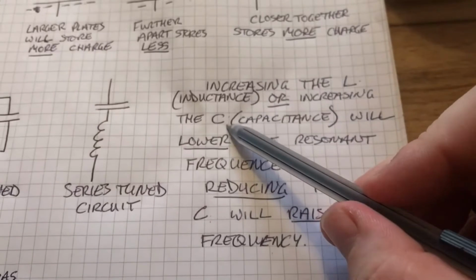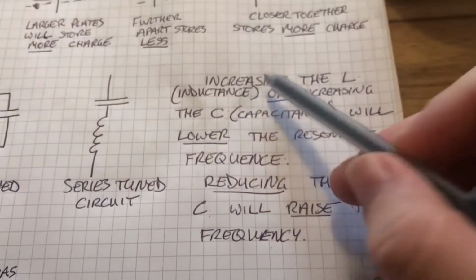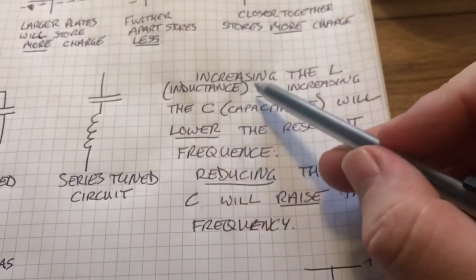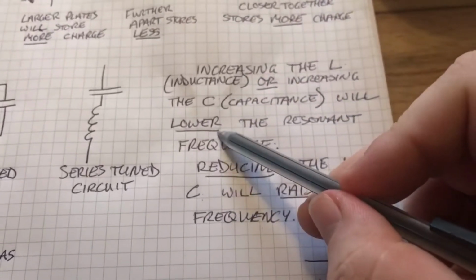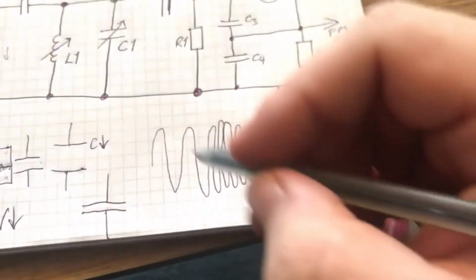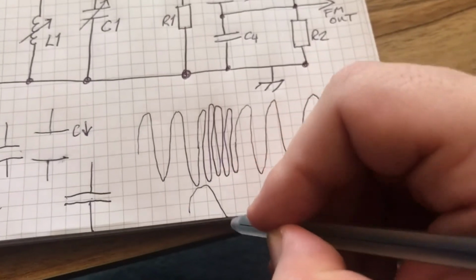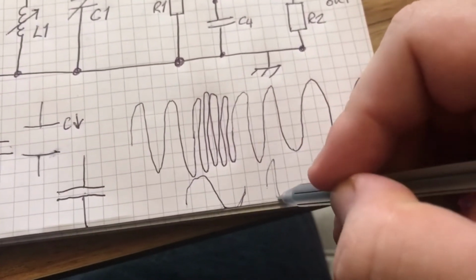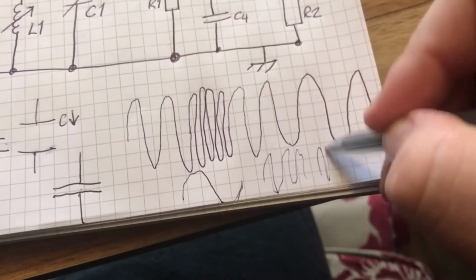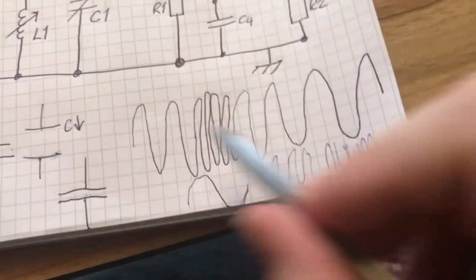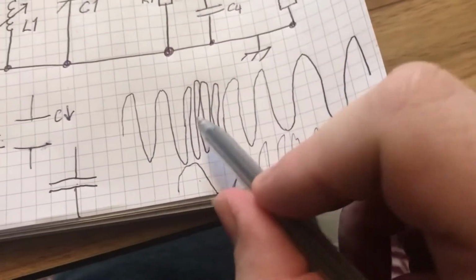It's going to lower the frequency, because as the value of C increases, the frequency lowers. Okay, increasing the value of C will lower the resonant frequency. So lower frequencies are spaced out more, aren't they? So we've got low frequency, we've got medium or normal, and then we've got high frequency, which is a lot closer together. Okay, low, standard in this case, and then the high frequency, which is here.